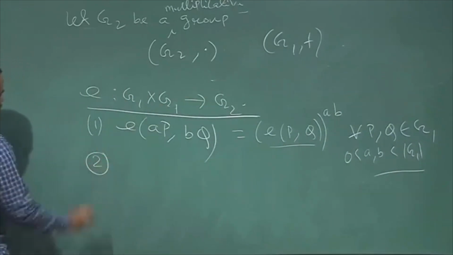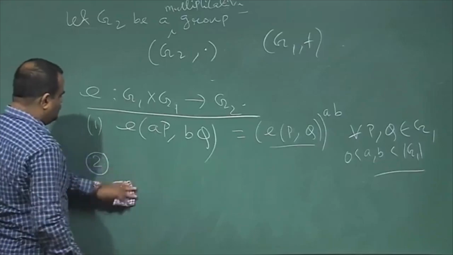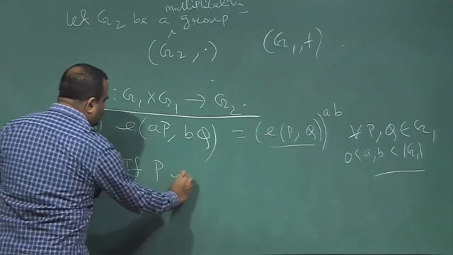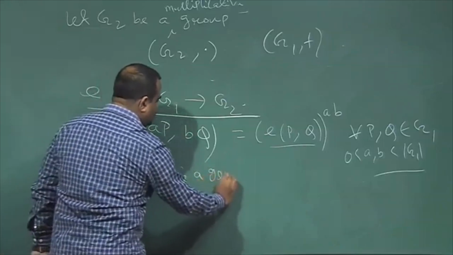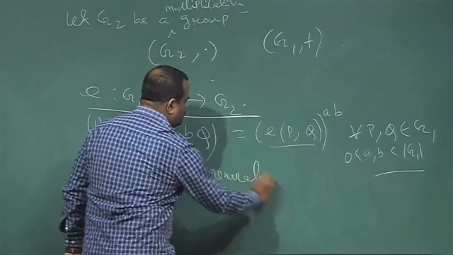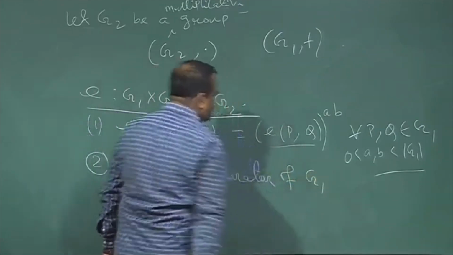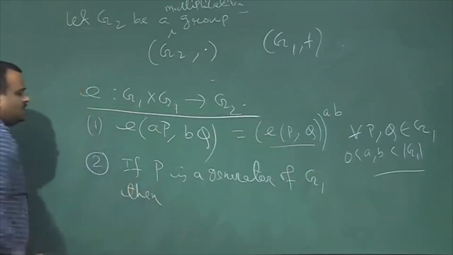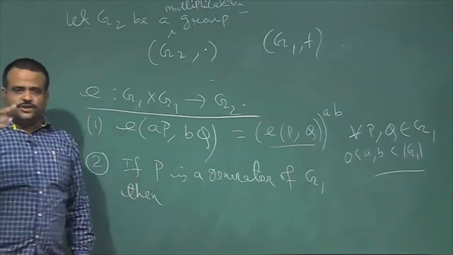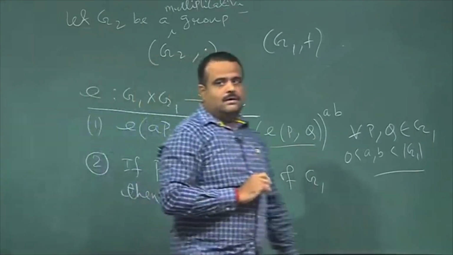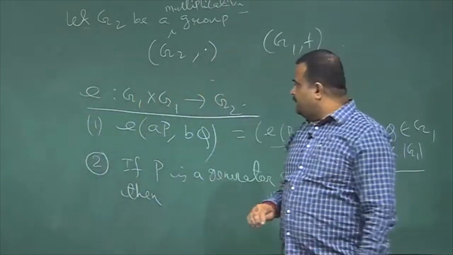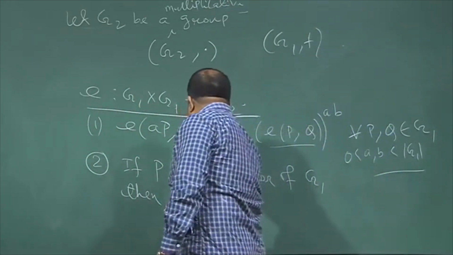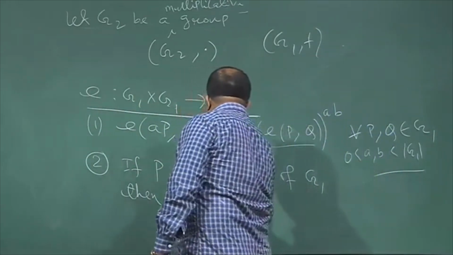That means if P is a primitive element or generator of G1, then E(P, P) must be a generator of G2. So that means E(P, P) should not be 1, E(P, P) is not equal to 1.